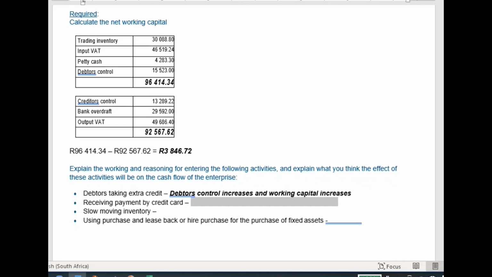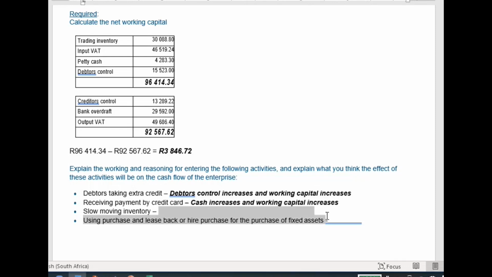When we take a credit card payment, it is a transaction for which we get cash. It is just another agreement between that debtor and his bank. He owes his bank the money, the bank gives us the money. So it's a cash transaction on our books. So we say that cash increases and working capital increases.